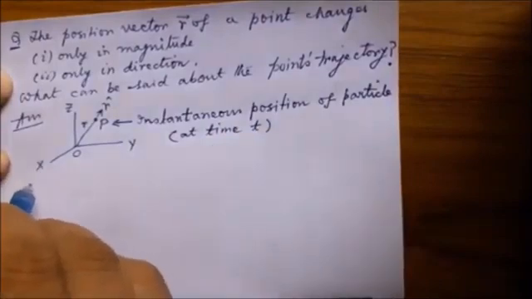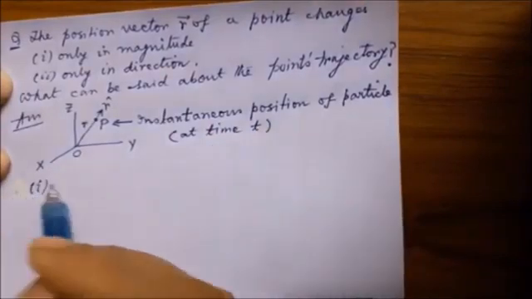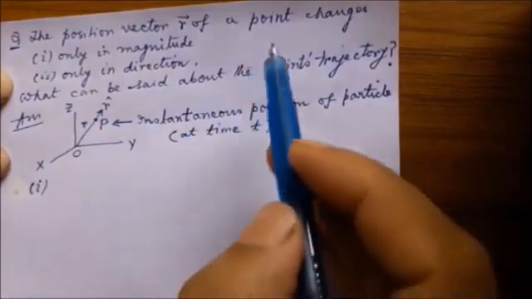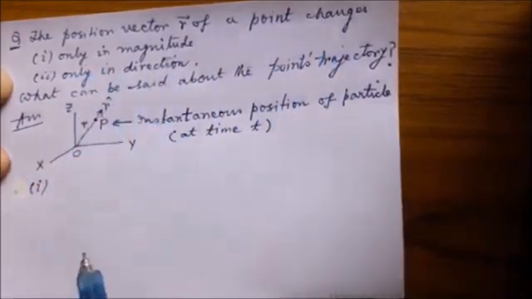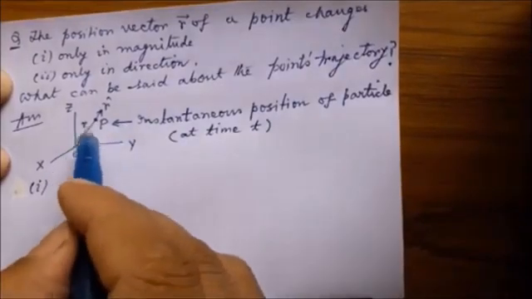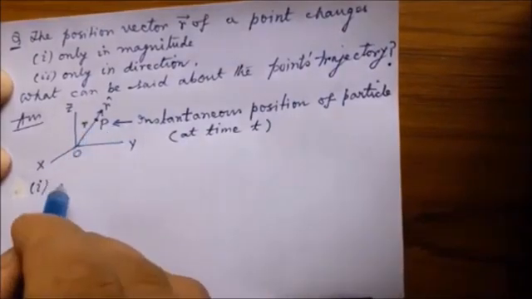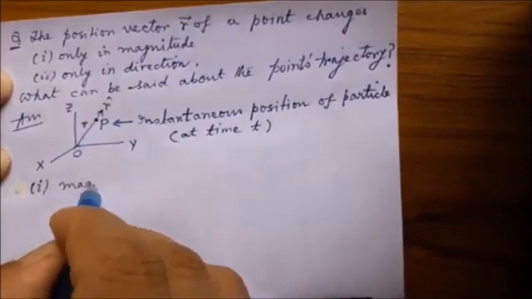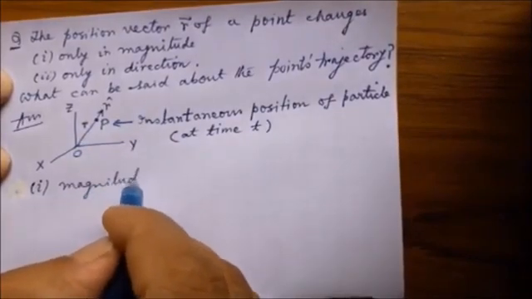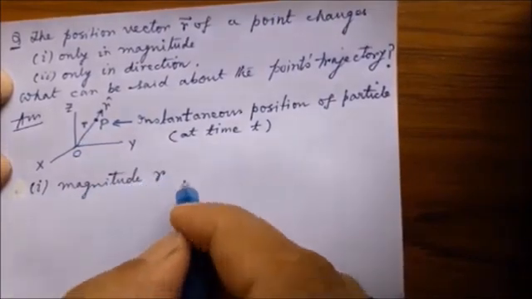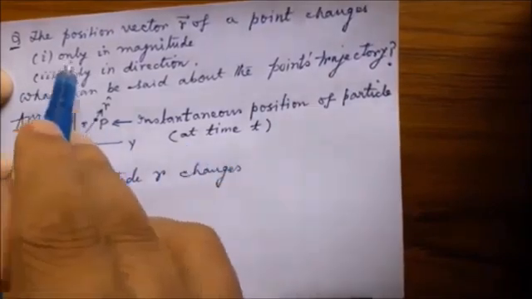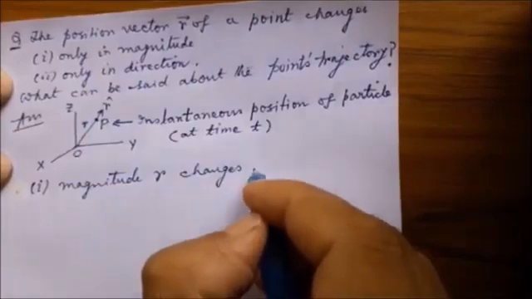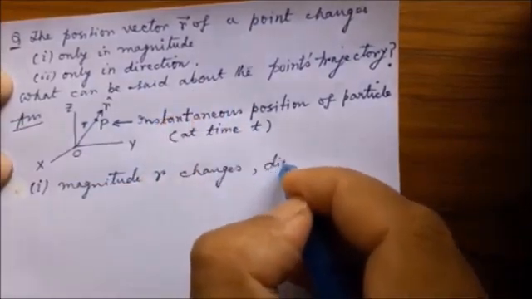Now let us move on to option 1, which says that changes occur only in magnitude. Now what is the magnitude? The magnitude is this distance, that is r. So magnitude r changes as per the first option, and the direction remains fixed.